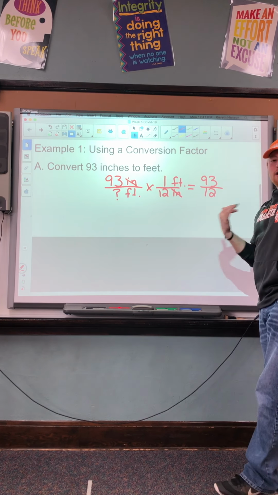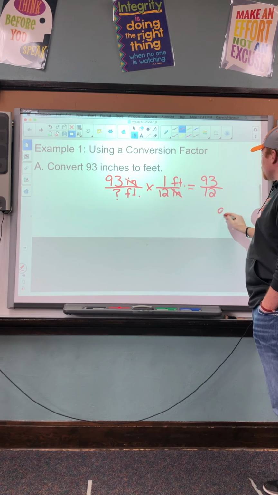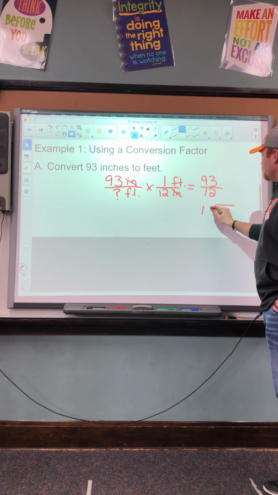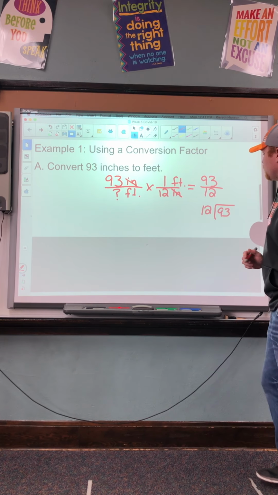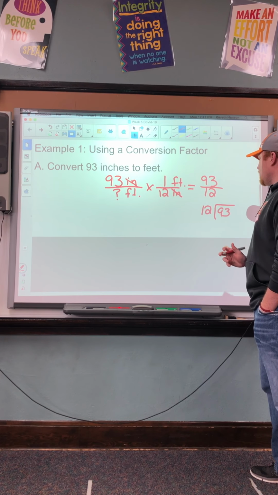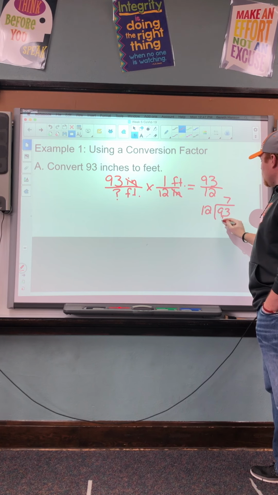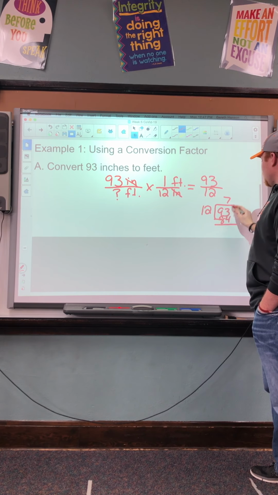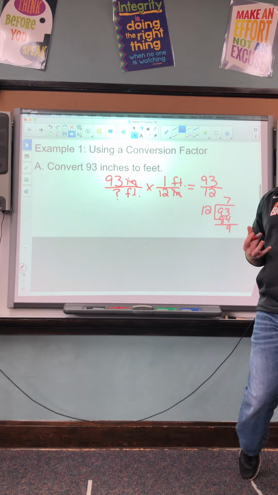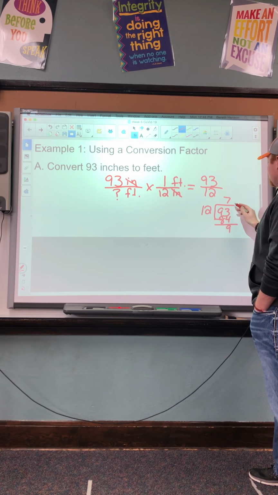So now we just divide. We have 93 divided by 12. 12 goes into 93 how many times? It'd be 7, so it'd be 84. Subtract, you get 9. Now, you can put it as a fraction, but I'd rather have you put it as a decimal.